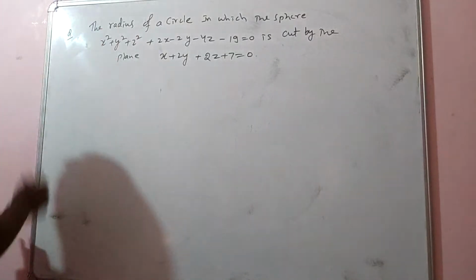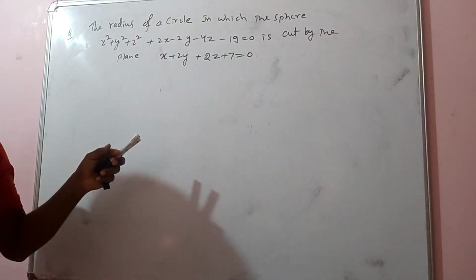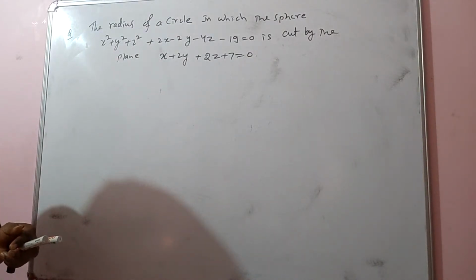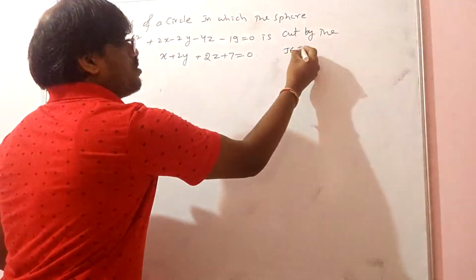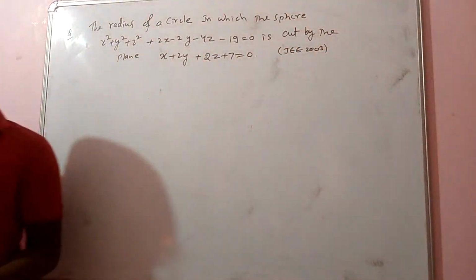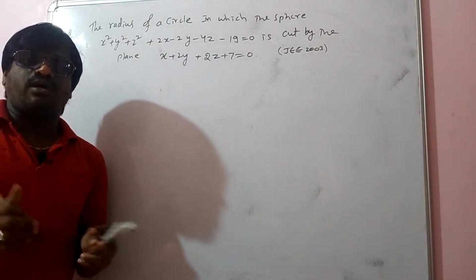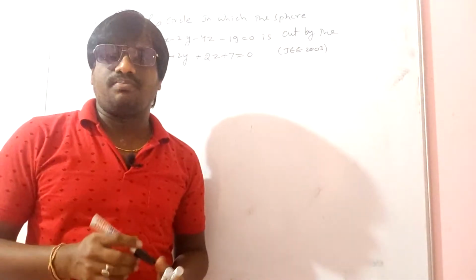You have to find the radius of the circle in which the sphere is cut by the plane. This was asked in JEE 2003. These questions were asked in olden days, not now. So we are going to discuss all the sphere questions today.